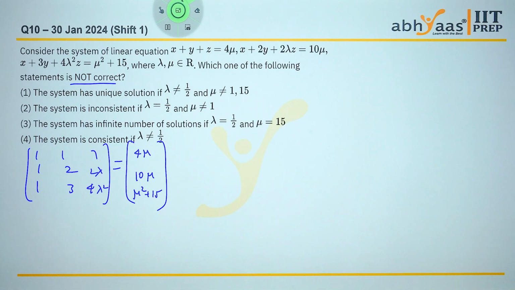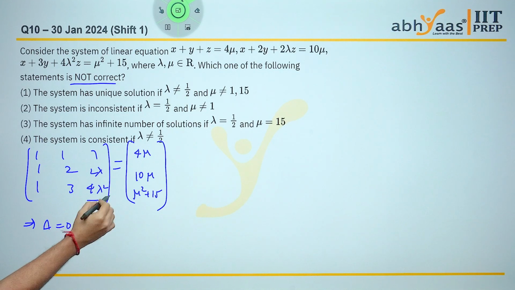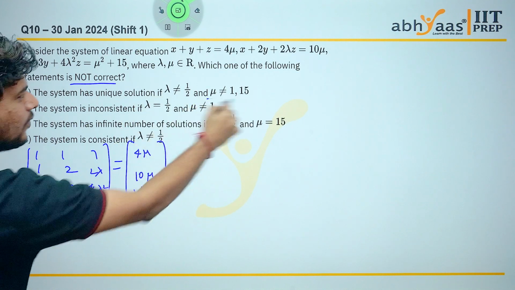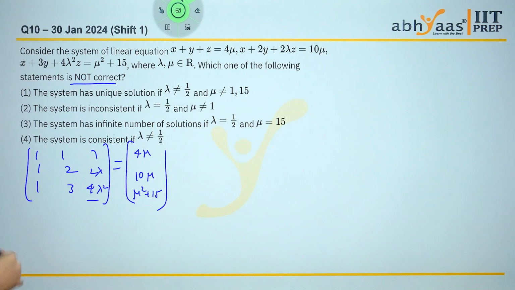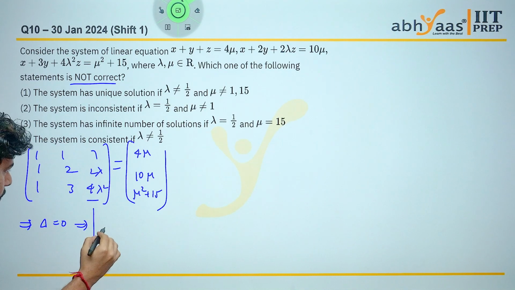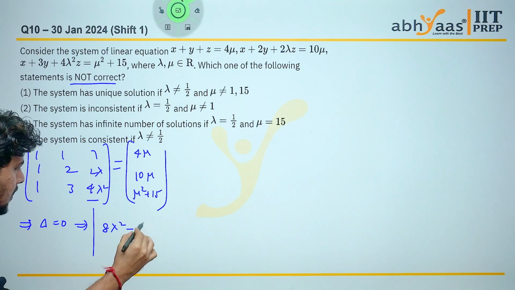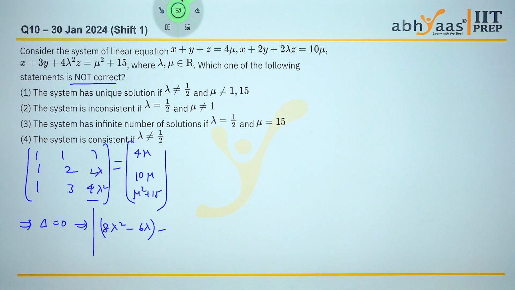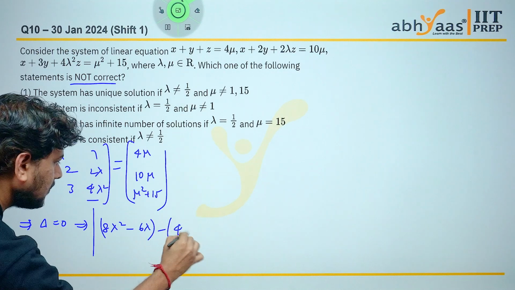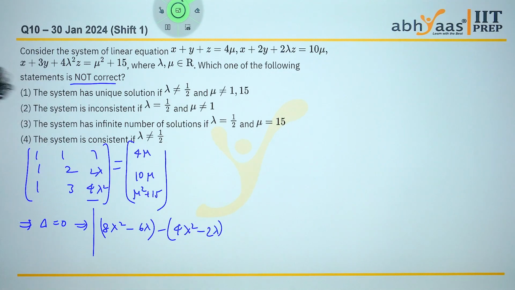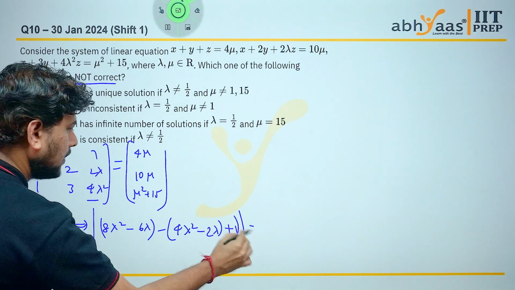Now we have to check which statement is not correct. So let's try to check. Okay, so let's take that equal to 0. If we get the value for lambda, we have to check what values are happening. So let's take that equal to 0. We get 1 into 8 lambda square minus 6 lambda minus 4 lambda square minus 2 lambda plus 1 into 3 minus 2, that will be 1, equal to 0.